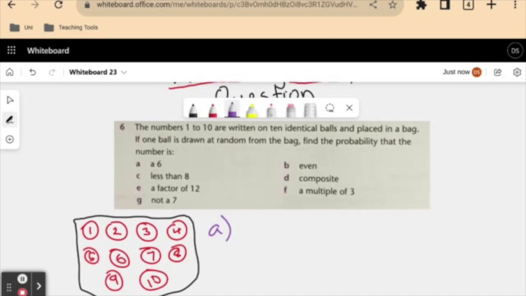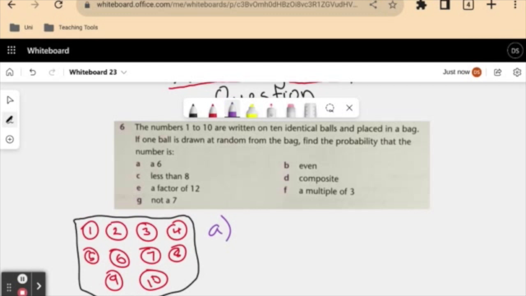So before we do anything, how many possible events do we have occurring in terms of just looking at if a ball was drawn from the bag, how many possible events can occur? Well, we have 10 balls, so there are going to be 10 possible events.